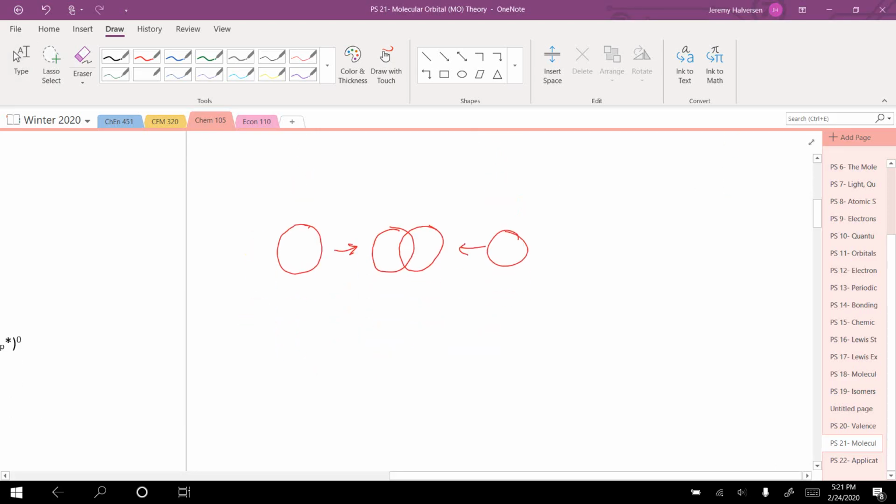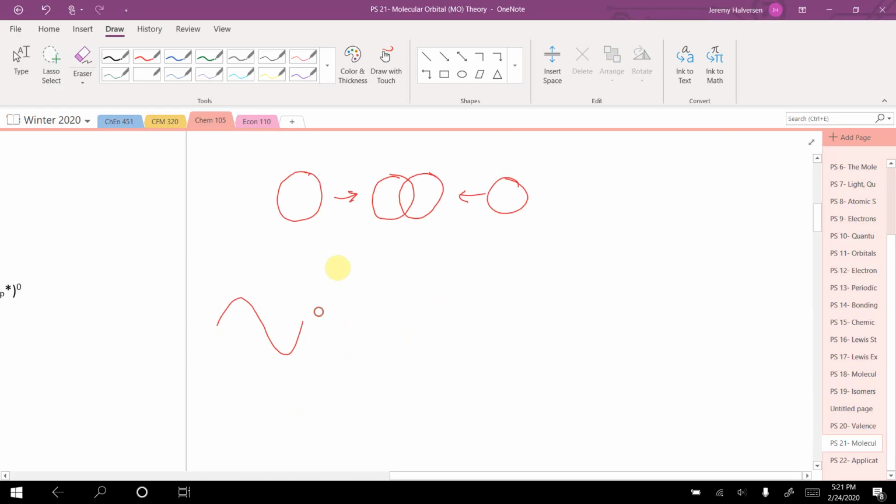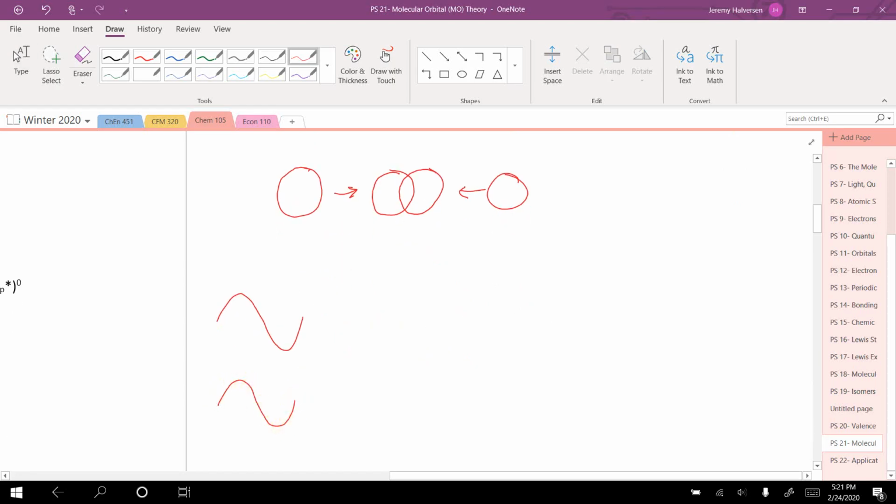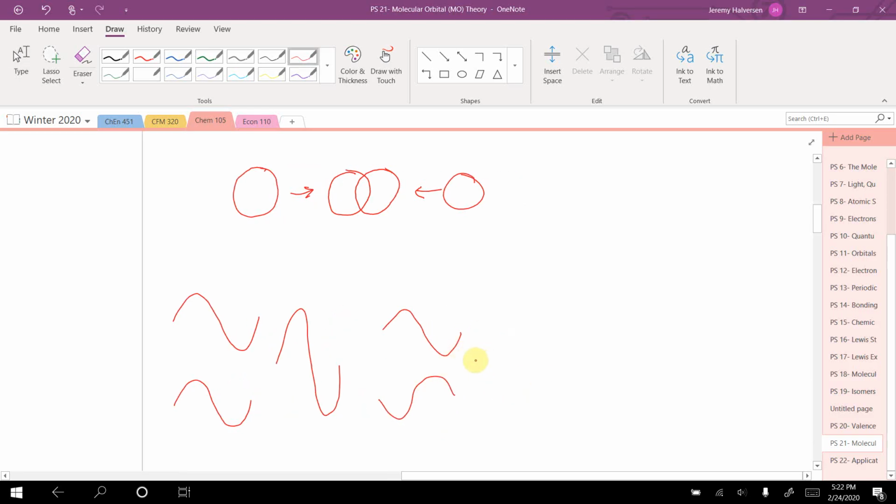Just like with a wave, if I had a wave like this and added it to a wave like this, they would make a wave that's twice as high. But if I had a wave like this and a wave like this, that's adding together destructively, and they would cancel each other out. So let's say that the overlapping part adds together.